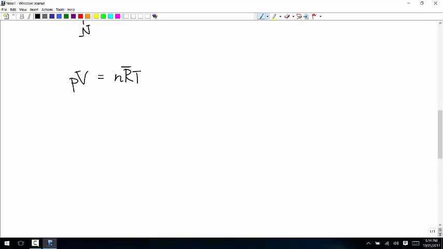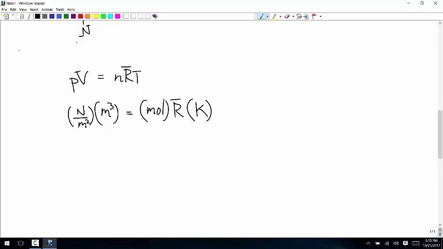So what if someone asked you the units of this universal gas constant, and all you remember is it's 8.314? Well, with any science equation, the units have to work out. So if you know that the pressure is in newtons per meter squared, and the volume is in meters cubed, and n is in moles, and then you have your R that you're trying to find the units of, and then your temperature is in Kelvin.